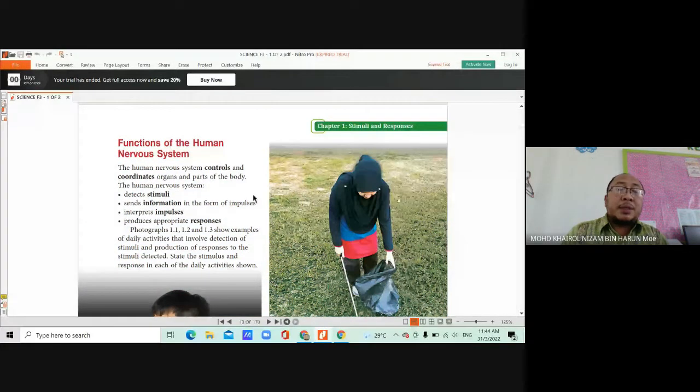So this is the simple pathway of the human nervous system. The first thing is the stimuli is detected by the receptor, and then this stimuli will be transferred through the nerve in the form of impulses.